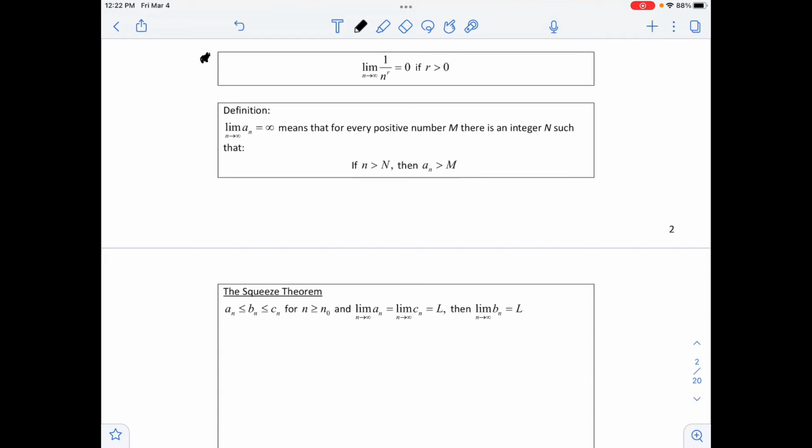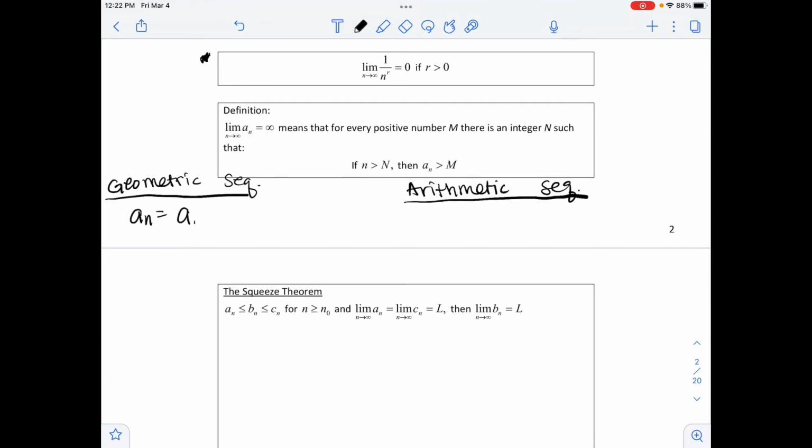I also want to remind you guys about two sequences that we saw probably back in Algebra 2. So one is the geometric sequence, and the other one is going to be an arithmetic sequence. With geometric sequences, this is where you are multiplying to go from term to term, and we had a common ratio. And so we had a_n equal to a_1 times r to the n minus 1.